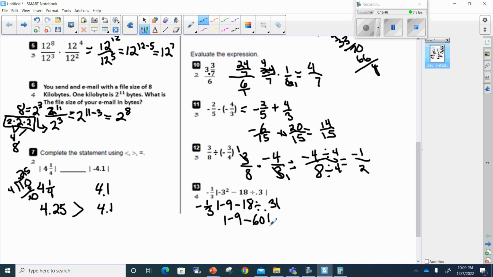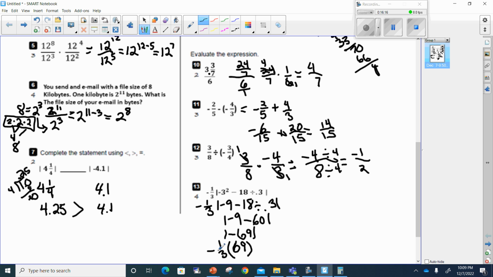And then I have my absolute value sign here. Now, negative 9 and negative 60, that's going to give me, remember, when my signs are the same, I find the sum. So this would be negative 69. The absolute value signs now go away, making this just a regular 69. And I have 69 times negative 1/3.